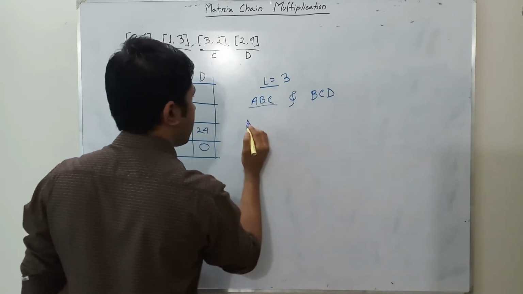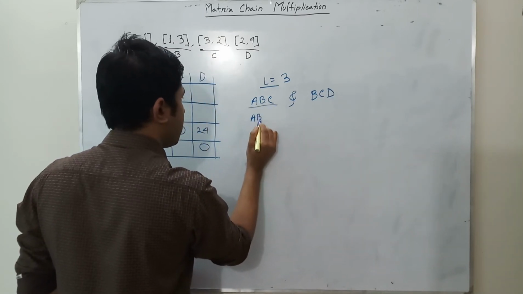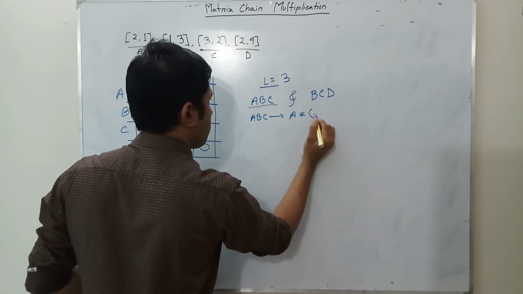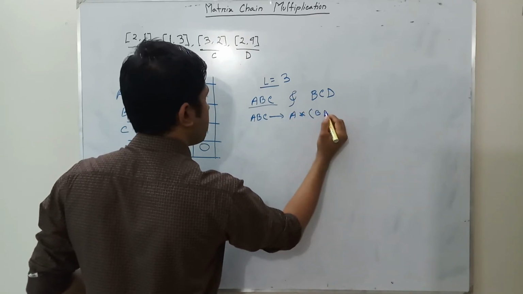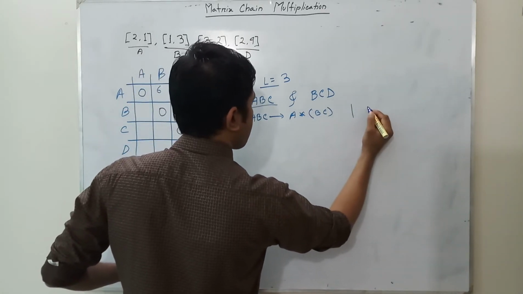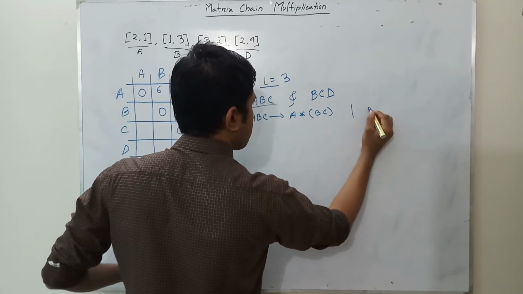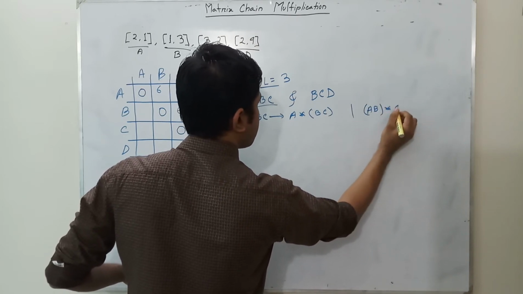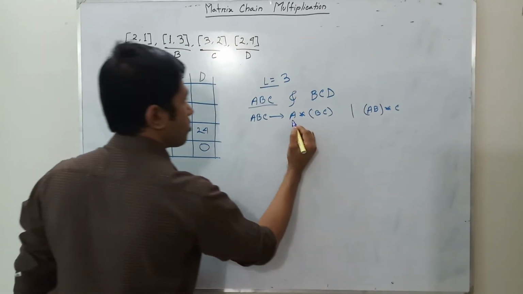Now we will solve for ABC. For ABC, we can multiply either A with BC, or AB first and then later with C. Now we will first solve this.